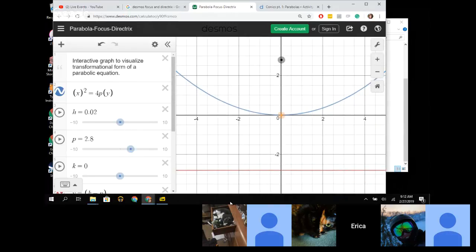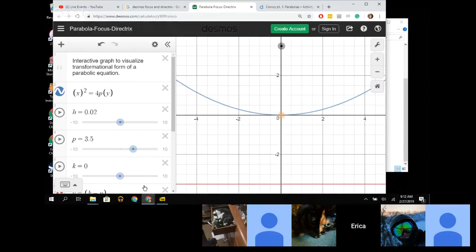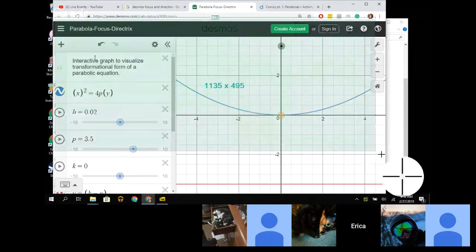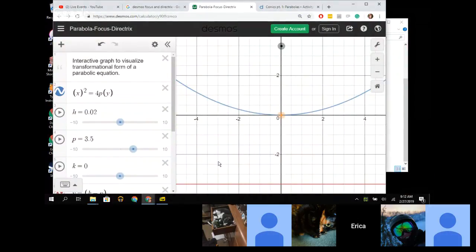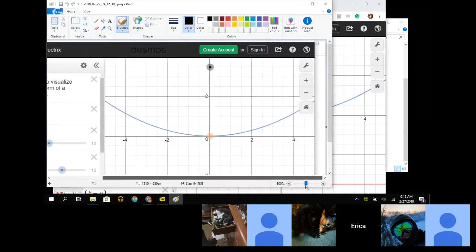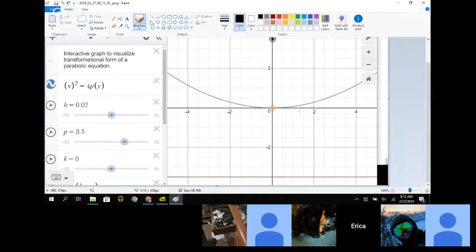So why is that? That's because if you have a wider value, well, let's even pick pretty wide like that. P equals 3.5. Okay, if you have a wide value like that, by definition, if I drew a line from my directrix, which is this line down here, maybe I have to use my line tool.